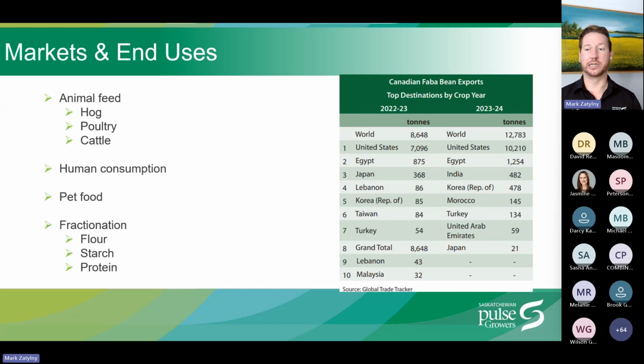We have been talking a lot about going into baked goods and snacks and pasta and plant-based meat and dairy products. So it can be used in a lot of different ways to get into the market. It is just a matter of continuing to develop that portion of growing faba beans and why it is so beneficial.